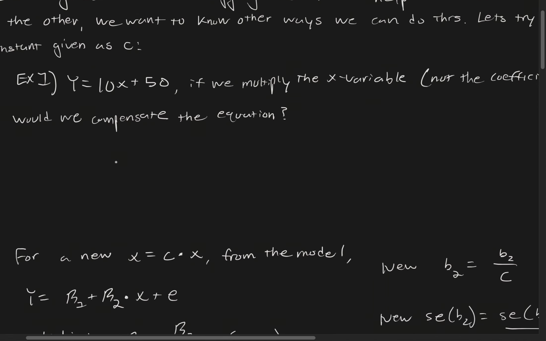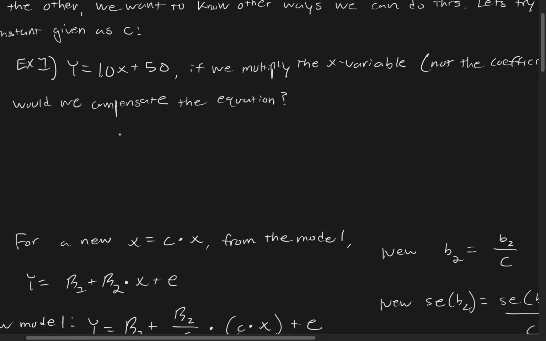So let's say if we multiply x by 10, then in this example we'll have to divide the beta 2, 10, by 10, right? Because we're multiplying x by 10. So we'll write that as y equals 1x plus 50.